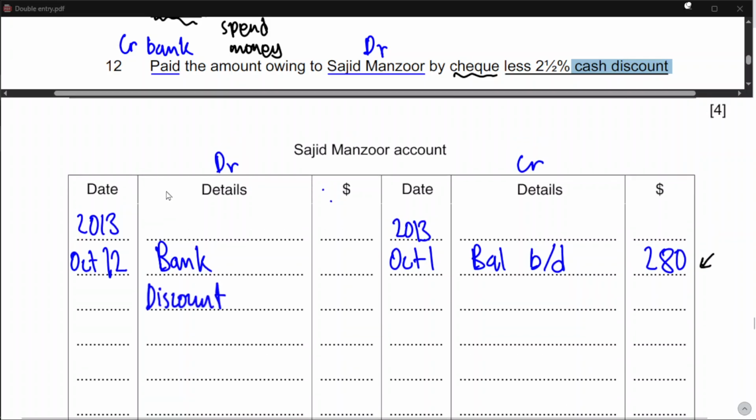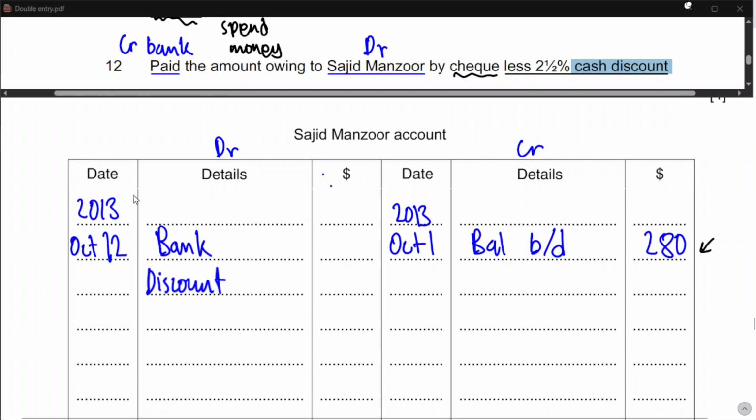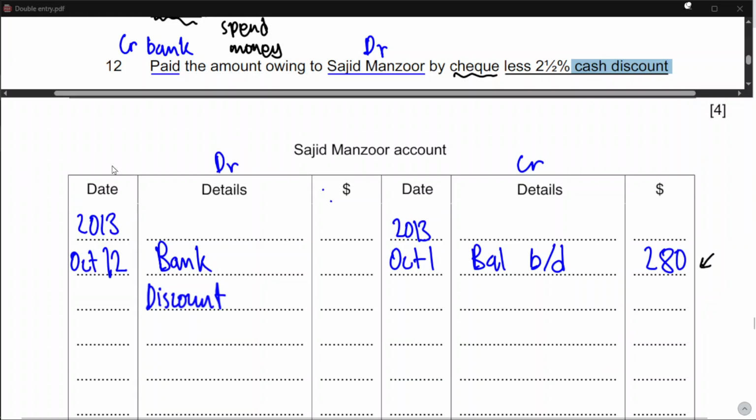Remember, this one is actually a seller, and you are a buyer. So you receive discount. So this discount is actually discount received.